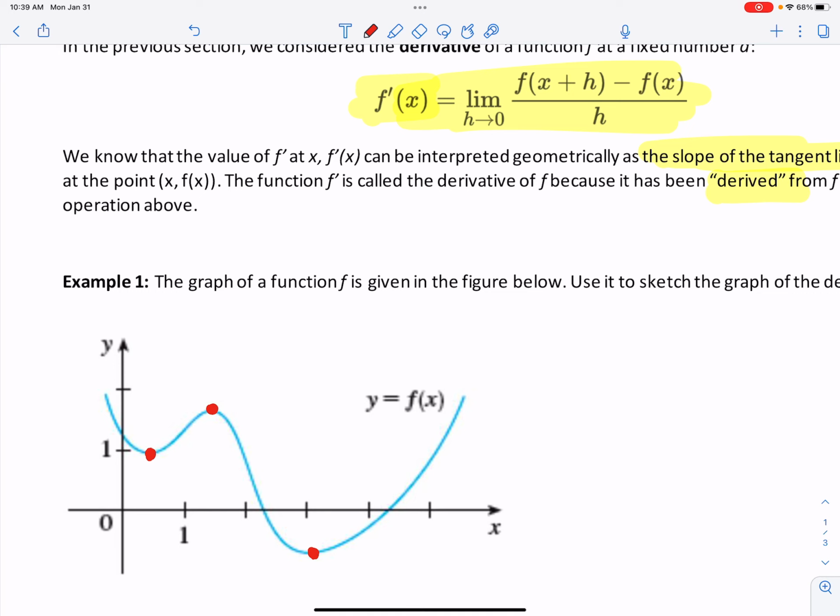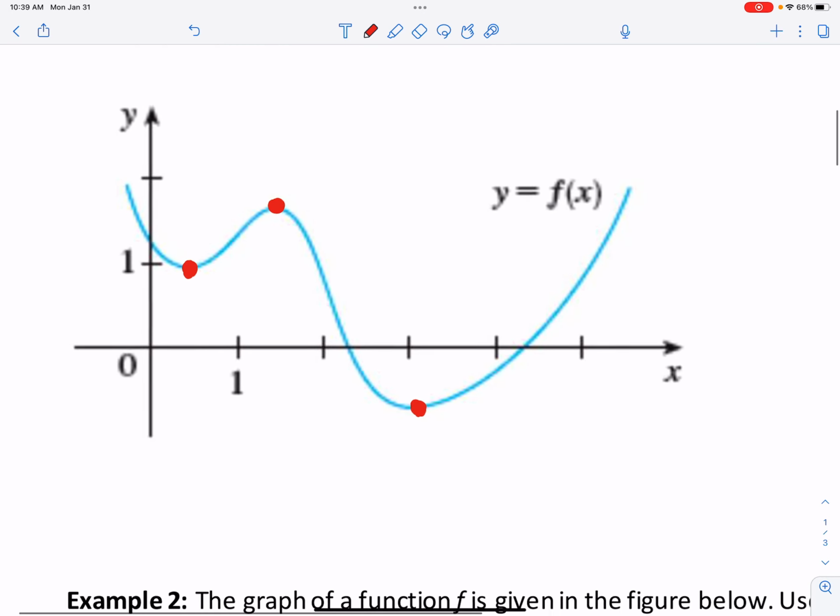And the reason why I mark these out is because remember, now I'm trying to graph the derivative. My x-axis will be my derivative axis now. And the reason why I mark those out is because at all of these 3 points, I know that the derivative or the slope of these tangent lines will be 0 because the top of the hill just has a flat tangent line. This slope of this tangent line will be 0.